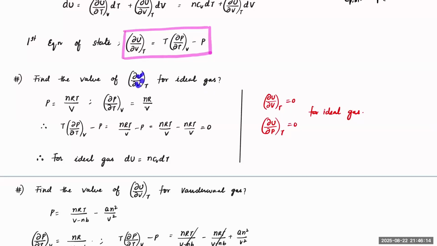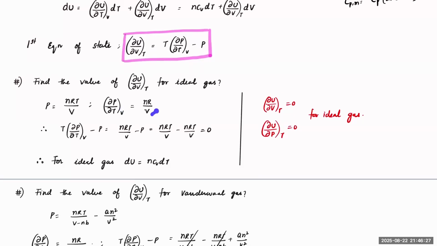First, you know that pressure is equal to nRT by V. If I differentiate that with respect to temperature at constant volume, it will be nR by V. So T into this factor is nR by V, and that minus P.